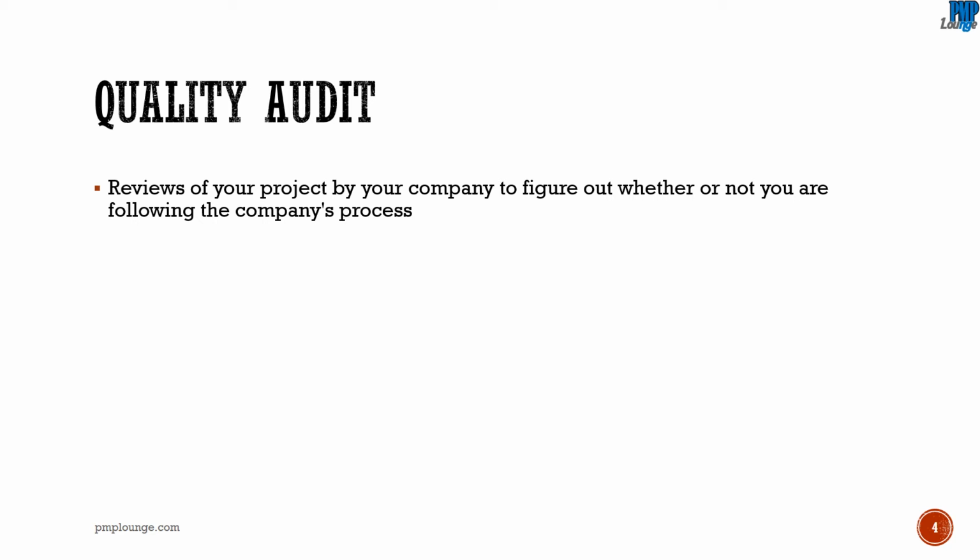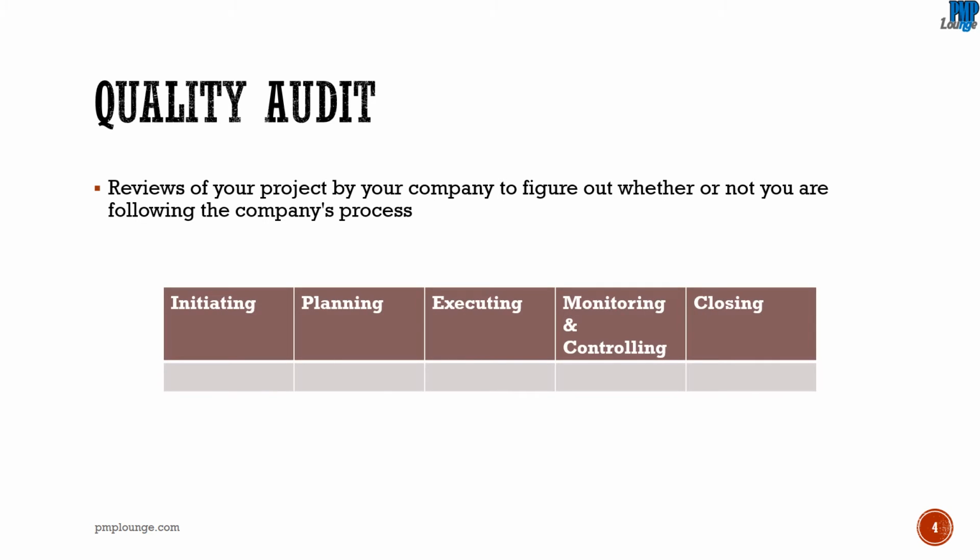It will be done by SQAs, certain quality auditors assigned by your own company to figure out whether you're following the company processes of project management or not. These SQAs will come in, they may check your project documents, your meeting minutes and stuff like that to ensure that you are following the company processes. Of course, this is a part of the executing process group.